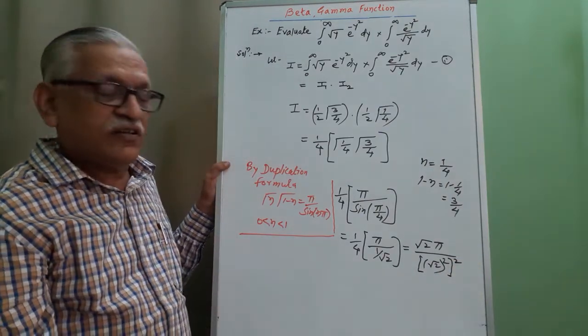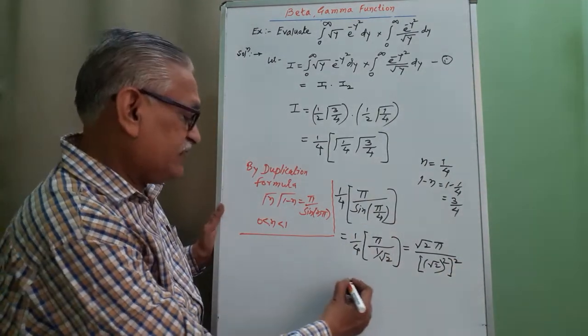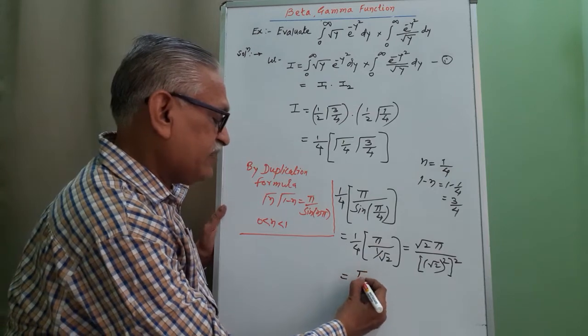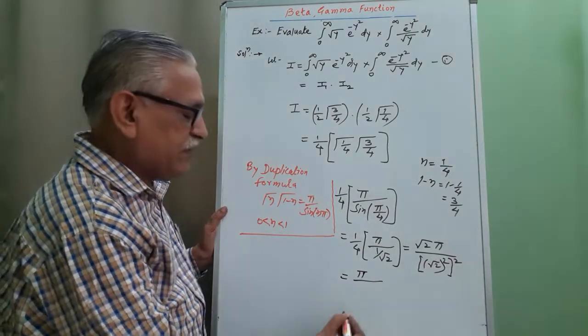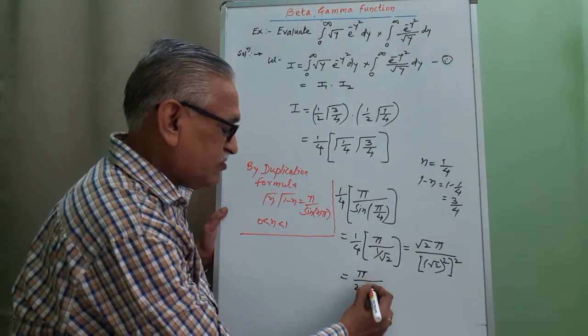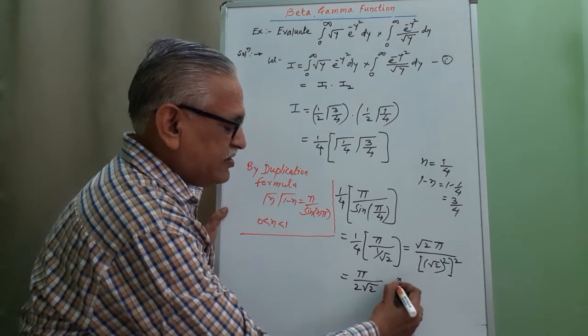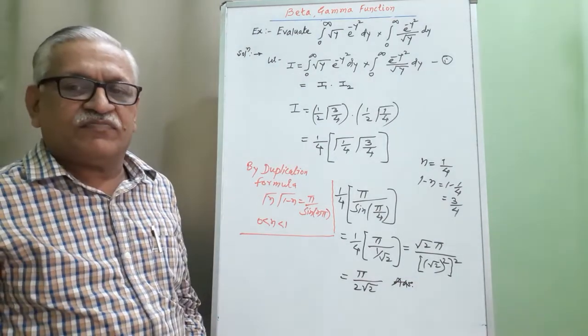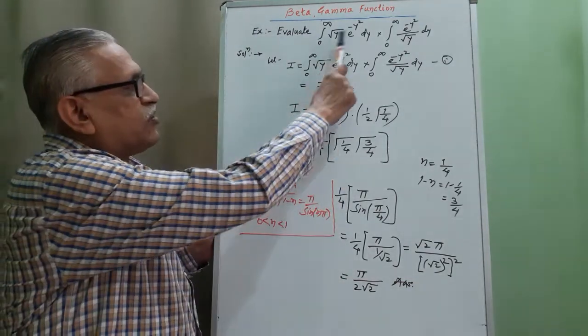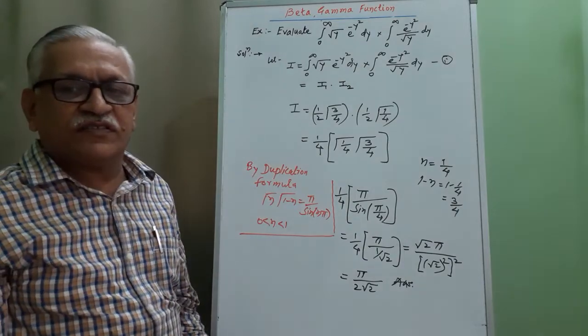One root 2 gets cancelled and the remaining term is pi divided by root 2 into root 2 into root 2. That becomes 2 root 2 as the final answer for that product of two definite integrals.